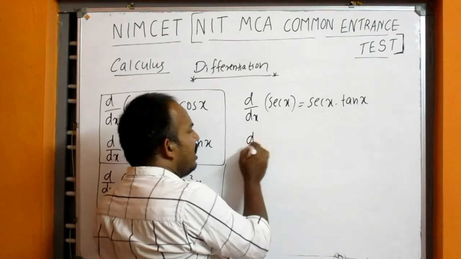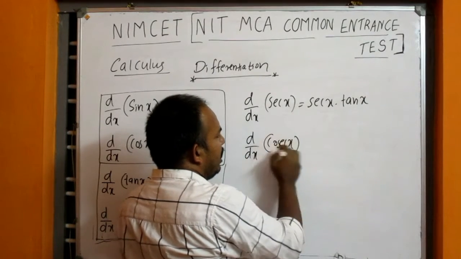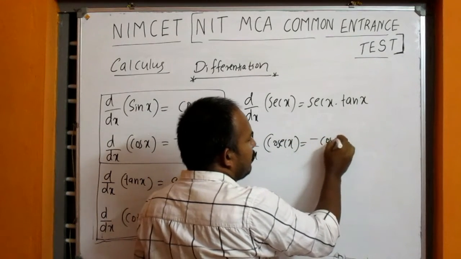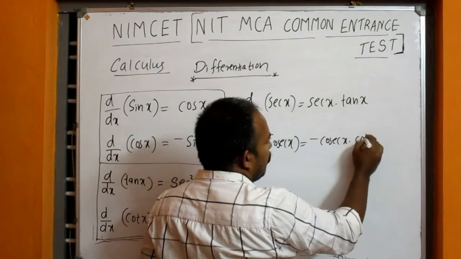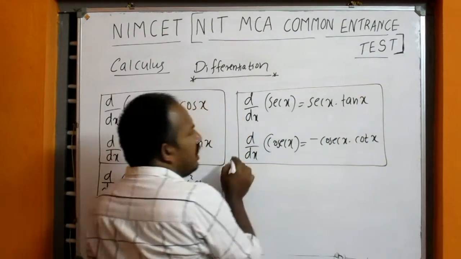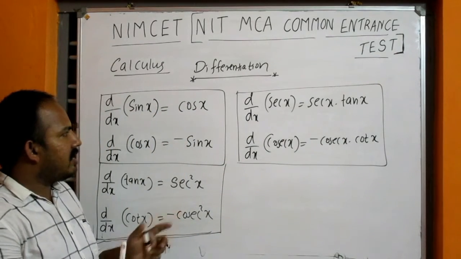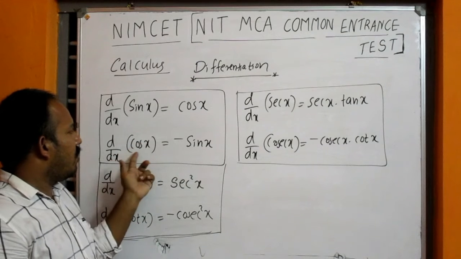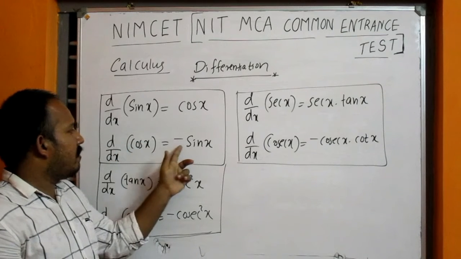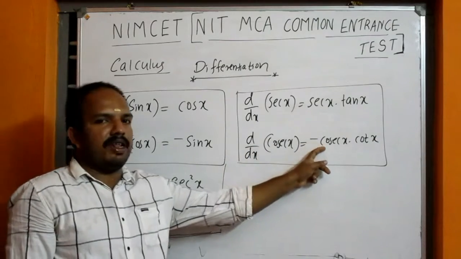And last one, d by dx of cosec x equal to minus cosec x into cot x. So just to study the formula, there is one trick. The derivative of every co function is minus.